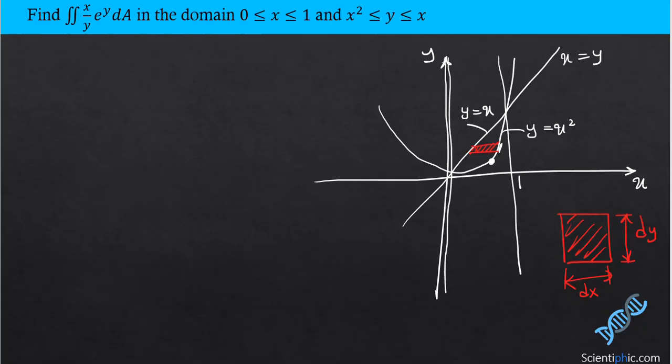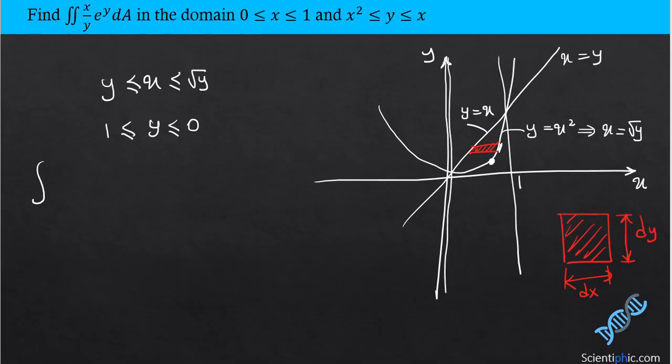What is the x value of the right side? That is square root of y. So x has to be less than or equal to square root of y, and all the x values in this horizontal stripe have to be greater than the x value of the left side, which is y. And I also have that y has to be between 0 and 1.